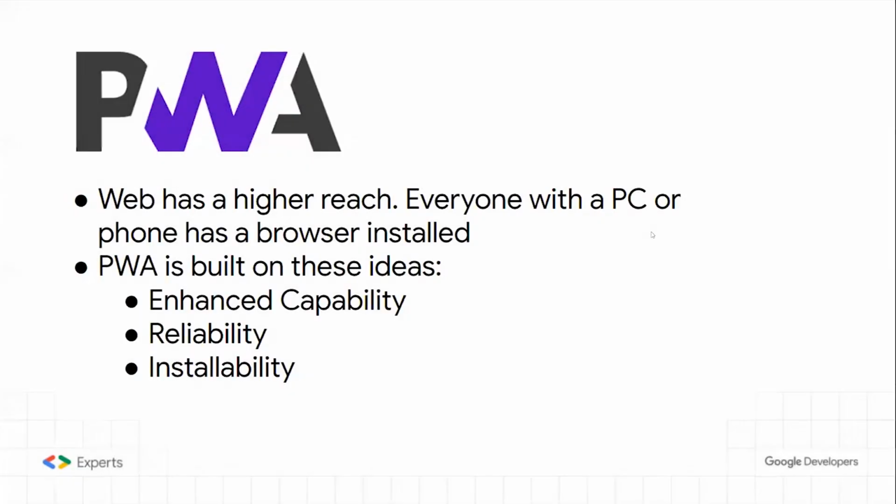In essence, because PWA web apps have a higher reach, everyone with a PC or phone has a browser installed in it. The idea of PWA is built on these ideas, where it's a web application because it runs on the browser, which is already installed. You don't need anything fancy, but it has enhanced capability, and reliability in terms of making sure that it runs whenever, wherever you are.